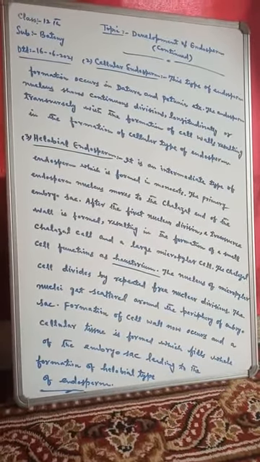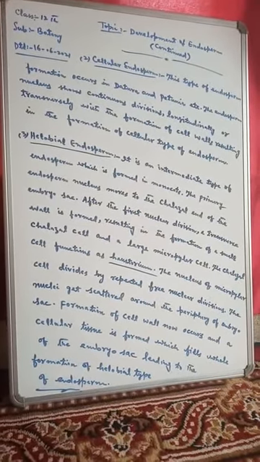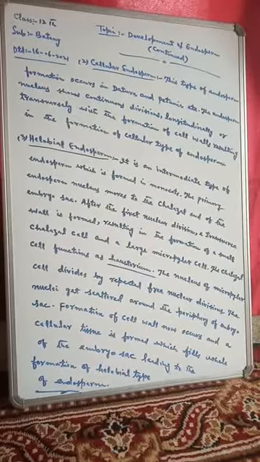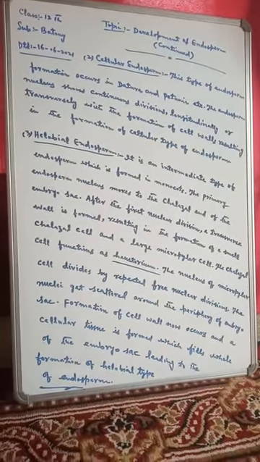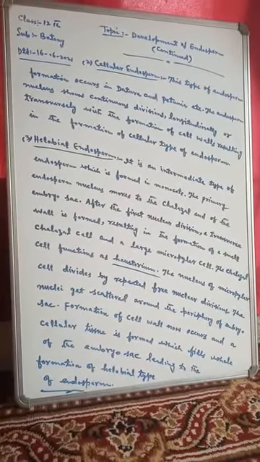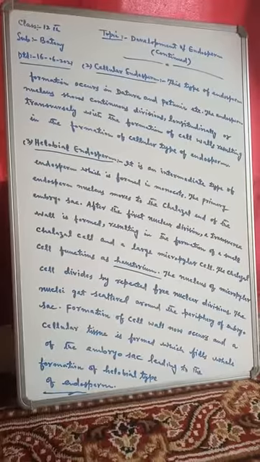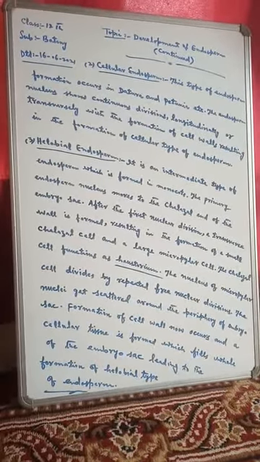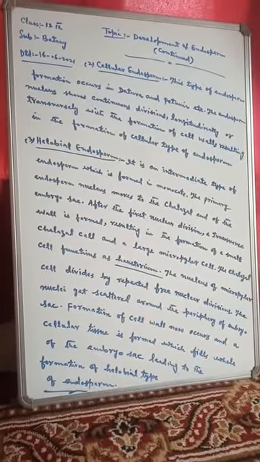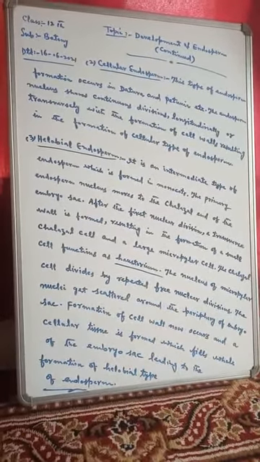The endosperm nucleus shows continuous divisions. The continuous divisions occur in the primary endosperm nucleus, and those divisions are followed longitudinally or transversally. That means two types of divisions occur, either longitudinal division or transverse division.